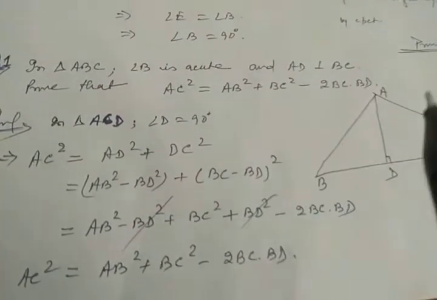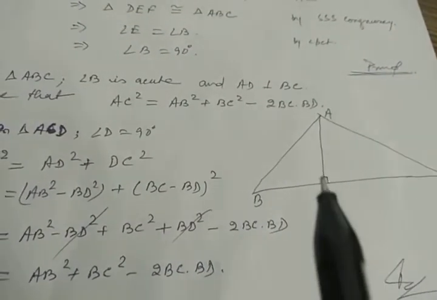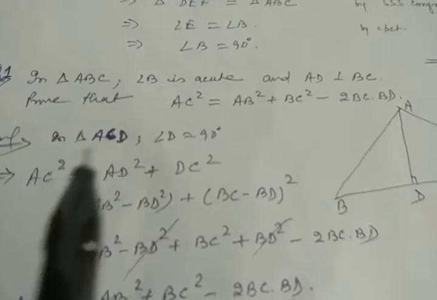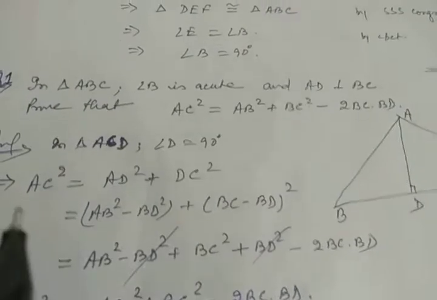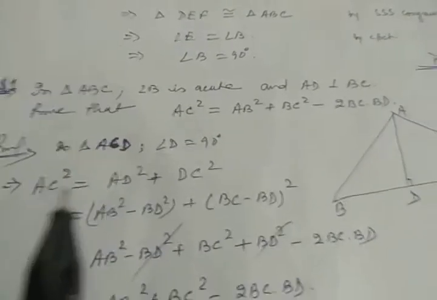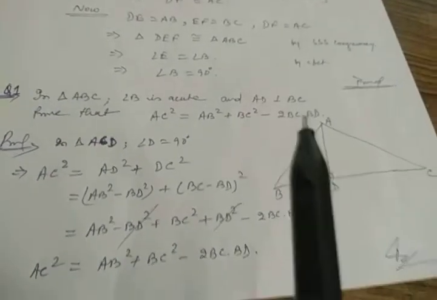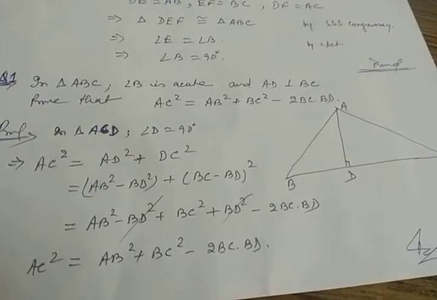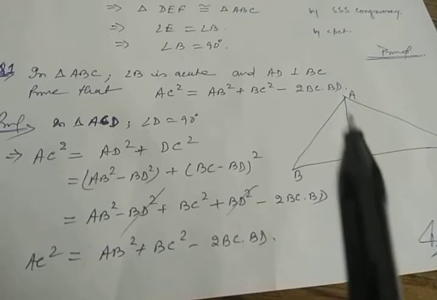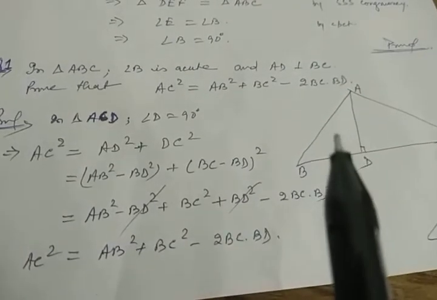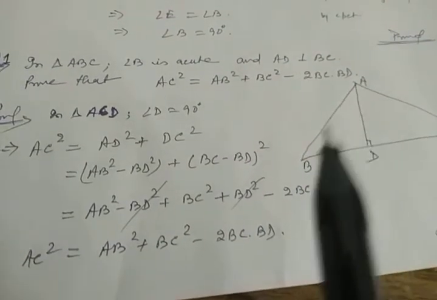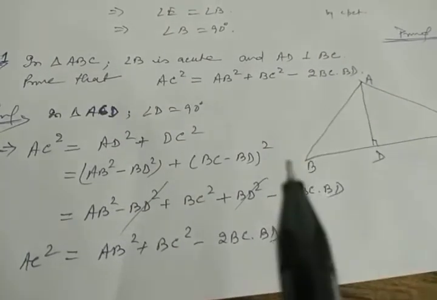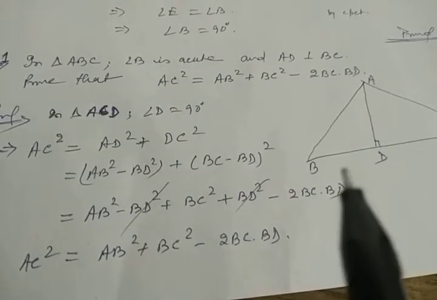See the proof. Now we just suppose that in triangle ACD, D is 90 degrees, so AC square is equal to AD square plus DC square. Now this AD square can be changed by this triangle, it is also 90 degrees, so AD square can be written as AB square minus BD square.